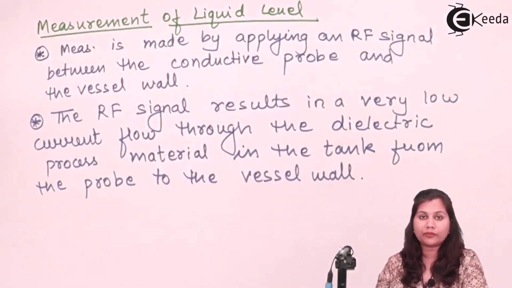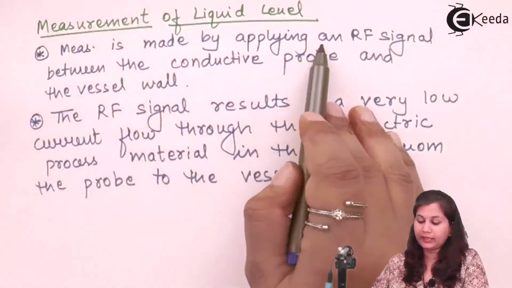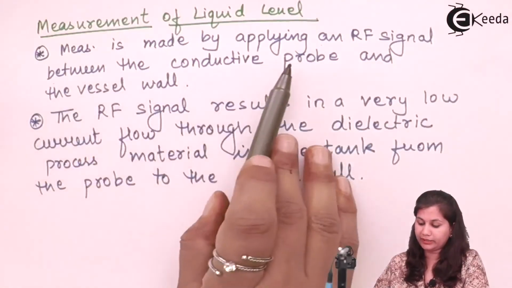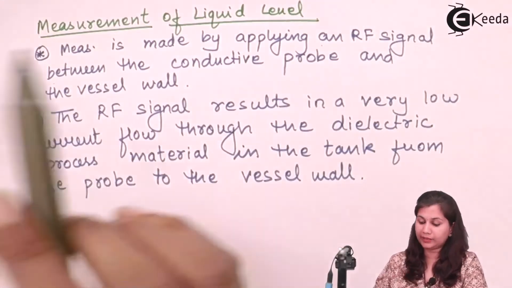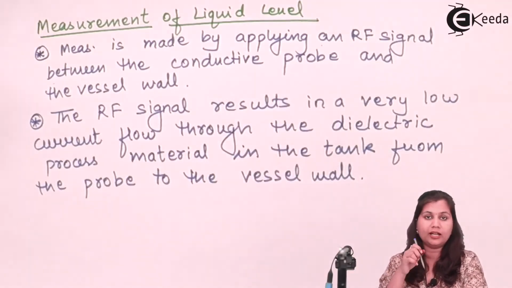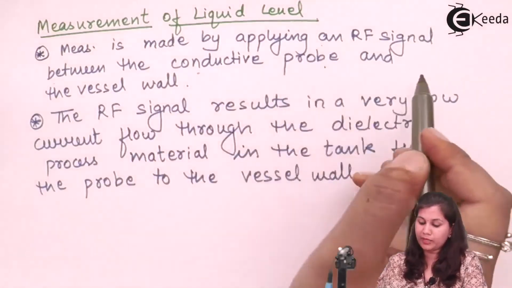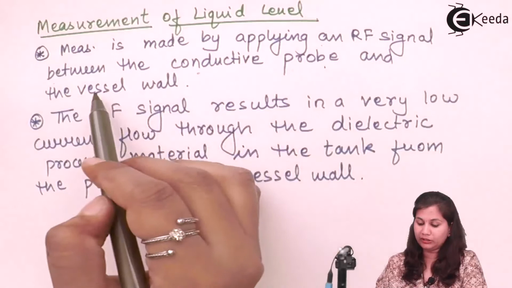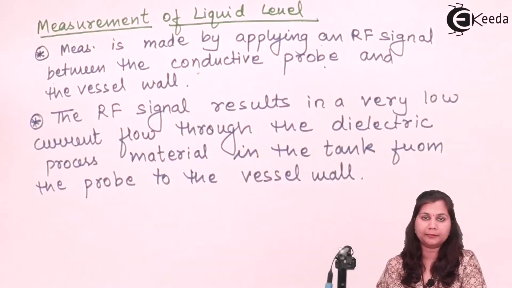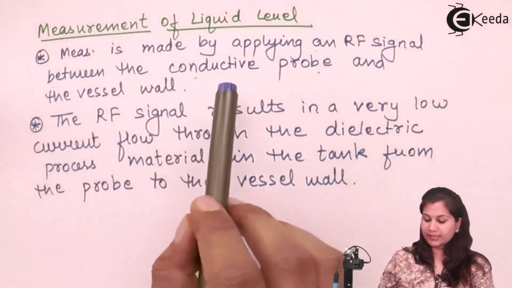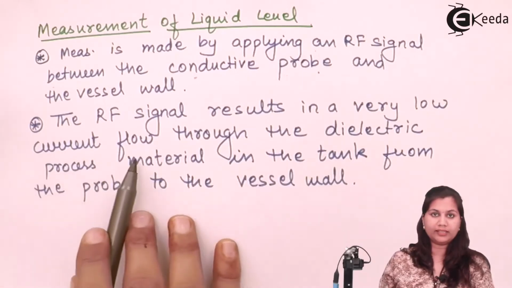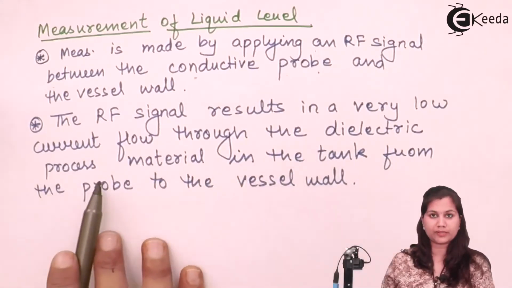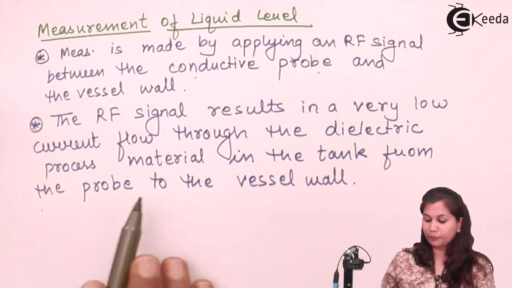For the measurement of the liquid level, first of all, an RF signal is applied between the conductive probe and the vessel wall. Vessel wall means the tank wall, and the conductive probe means the electrode which is dipped into the liquid. Due to this RF signal applied between the probe and the vessel wall, a very low current starts flowing through the dielectric process material in the tank from the probe to the vessel wall.